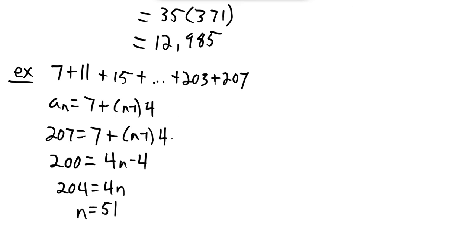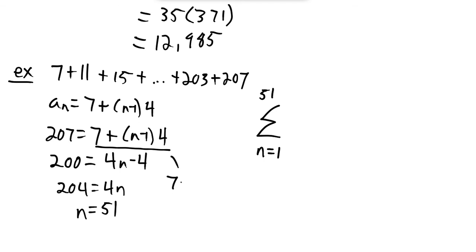So we can start our summation here. We're going to say this is equal to the summation. We're starting at the first term. We're ending at the 51st term. And what are we going to put here? We want the explicit equation written as simply as possible. As simply as possible means we're going to look at this and simplify it.